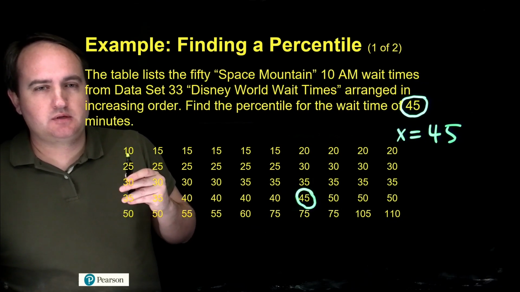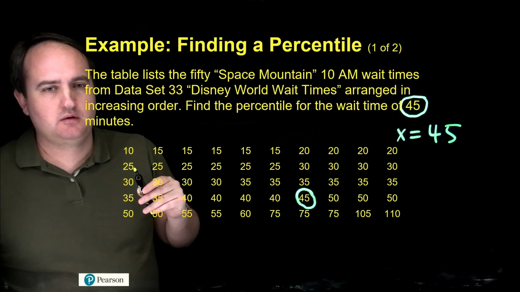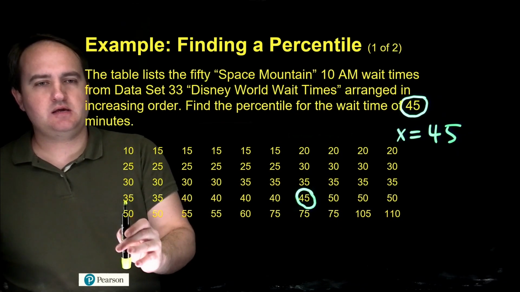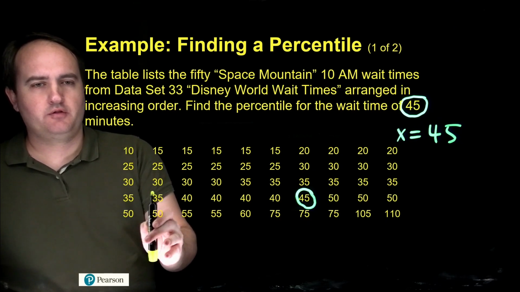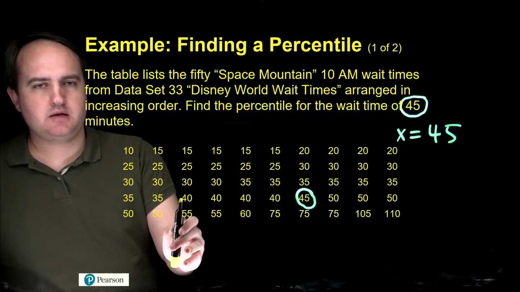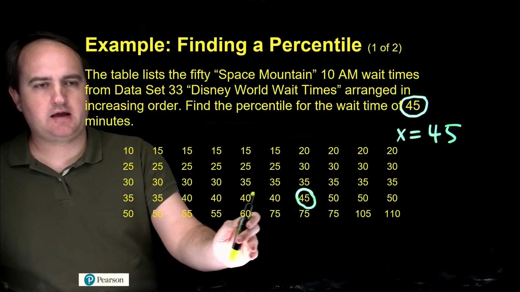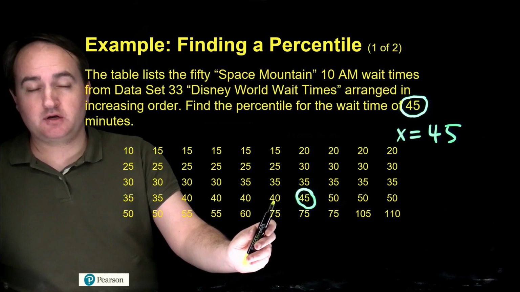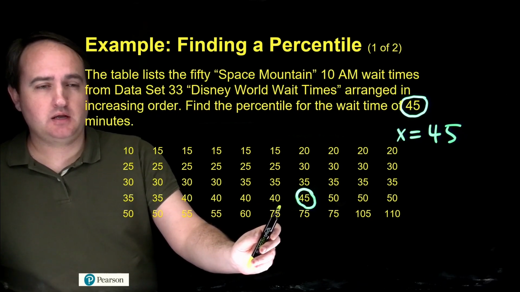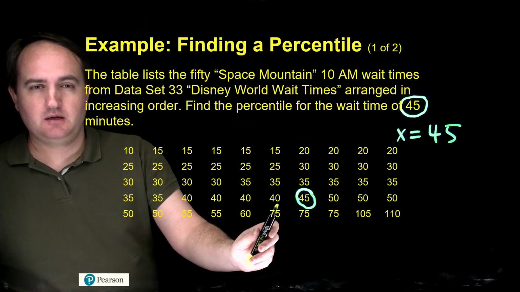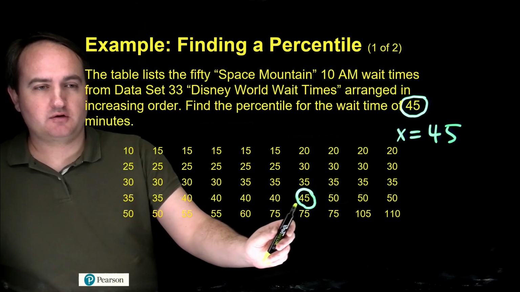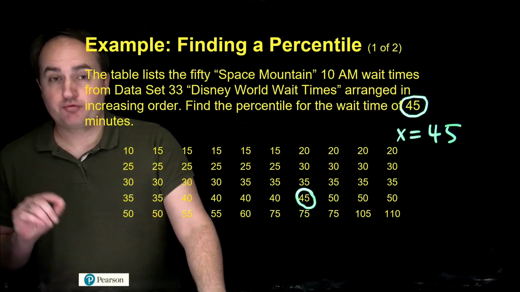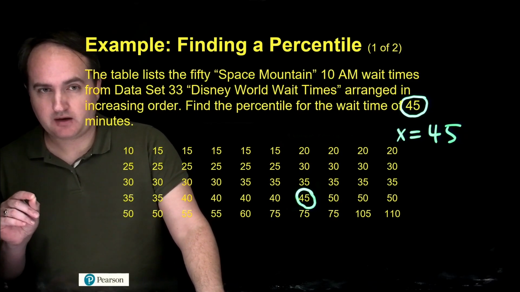So that means this is 10, 20, 30, and then here we're at 31, 32, 33, 34, 35, 36. I'm counting, because they're in increasing order, it's very easy to count. There are 36 data values that are less than 45.